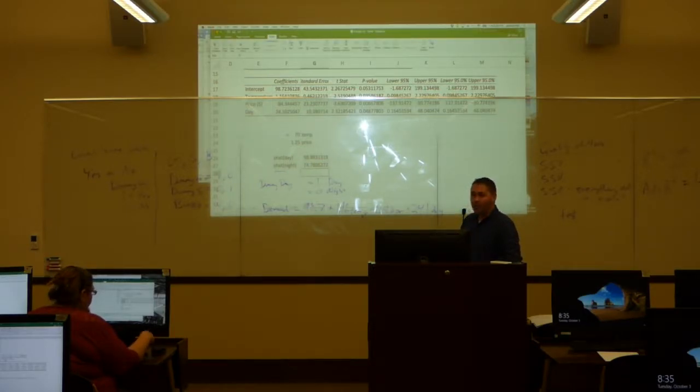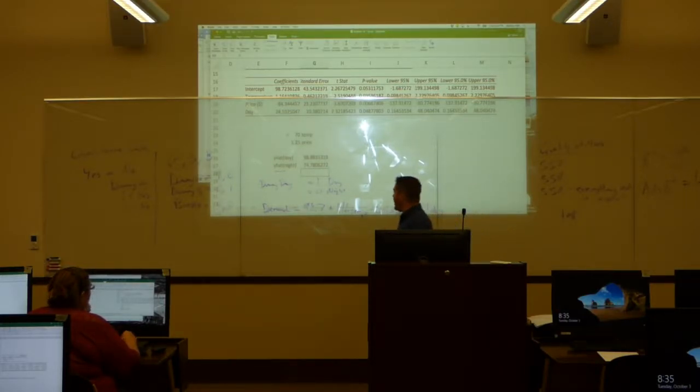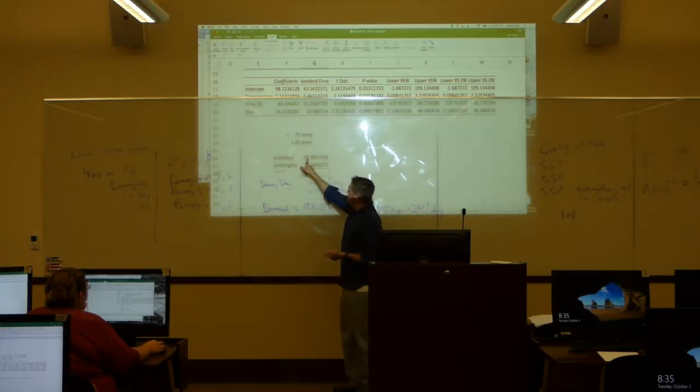Notice that's 24.1 less. So same temperature, same price, daytime demand for hot dogs on average is 98.8. Same temperature, same price, but at nighttime, 74.78.